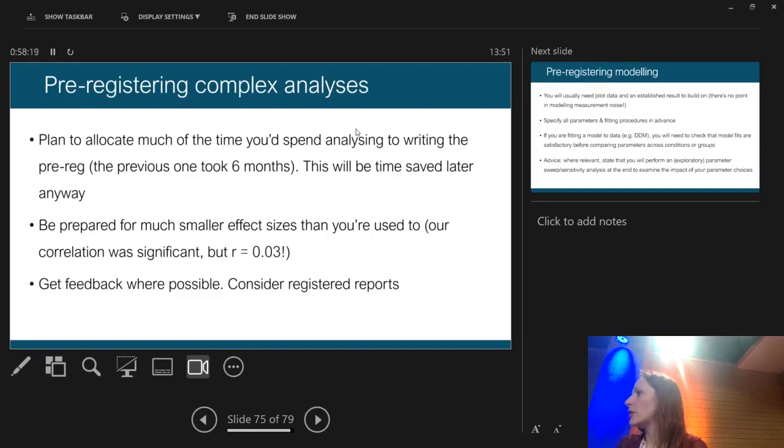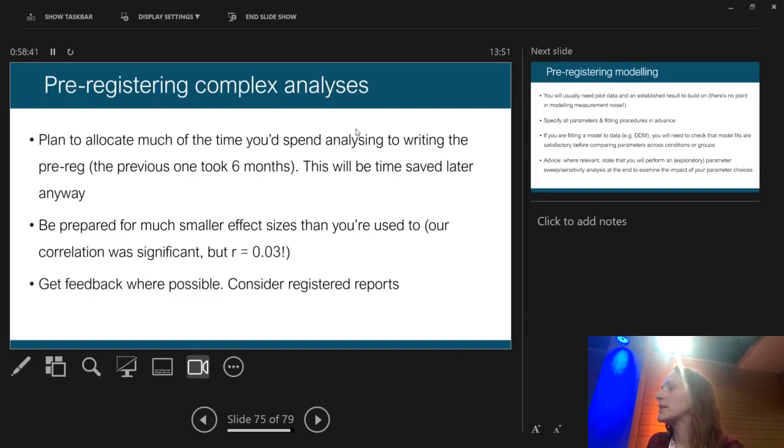So you can then go collect your data, you analyze it according to what you said you would do in your registered report. You interpret your results in line with what you said you would do initially. And now you have your complete paper. So it's pre-registered in a much more rigorous way.